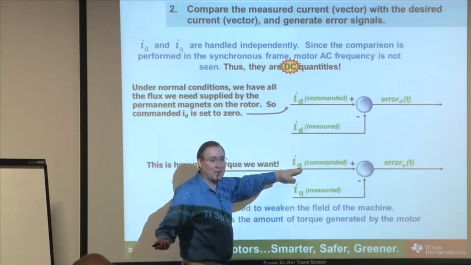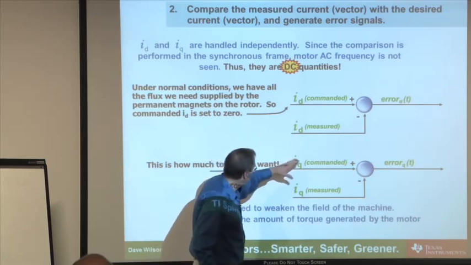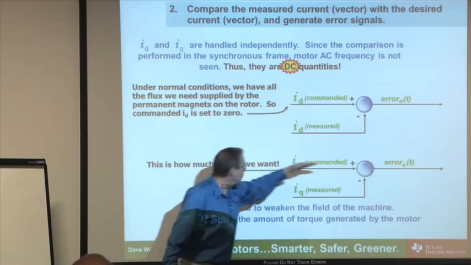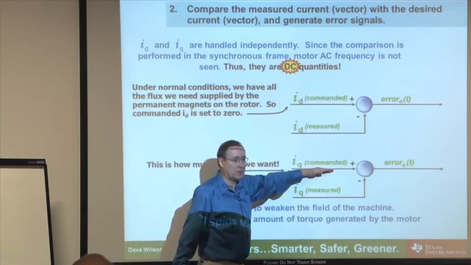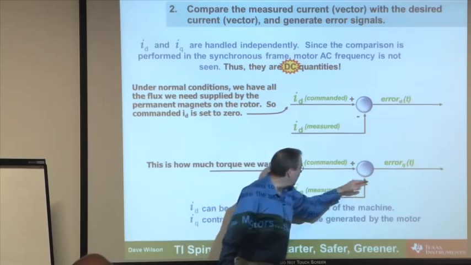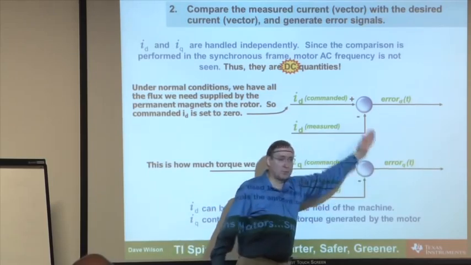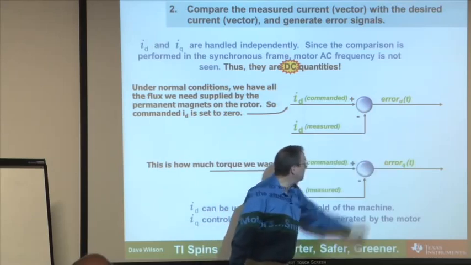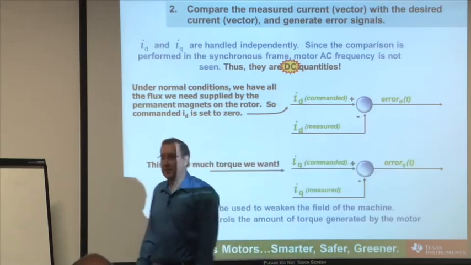That's torque. So now I have created a system right here where however much torque I want, I feed it directly into this current expression right here for commanded q-axis current, and I measure against that, and I generate the error signals for both axes. I've got 2 regulators now running on the synchronous reference frame, and finally, I finished with step number 2.